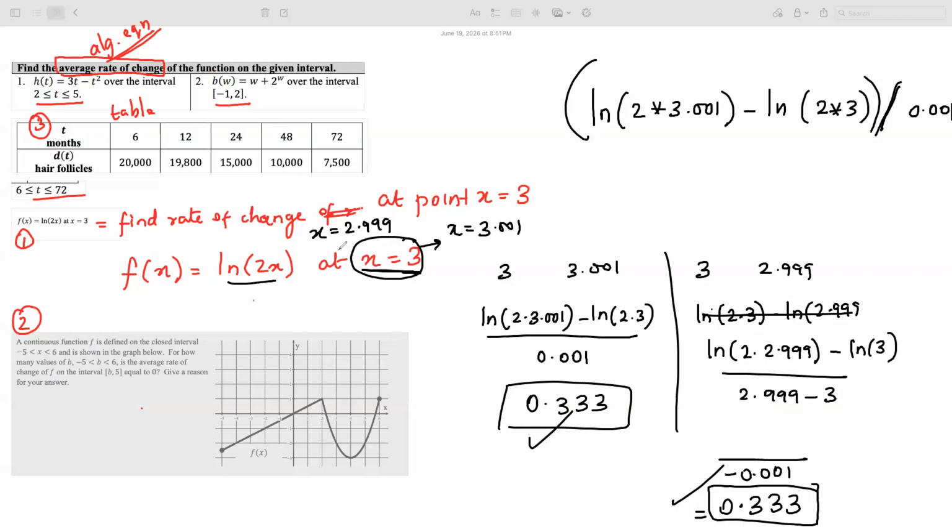Now, you know change in y by change in x. Change in y between 3 and 2.999, or for 3.001 and 3, divided by change in x, which is 3 minus 2.999 or 3.001 minus 3. Whatever you do, change in y by change in x.